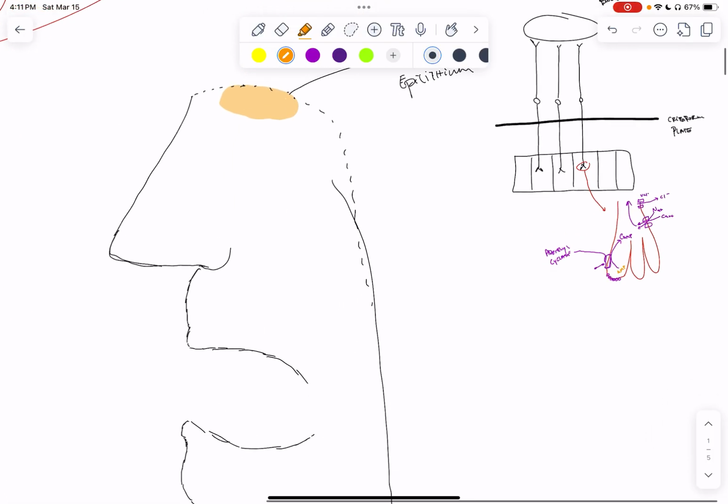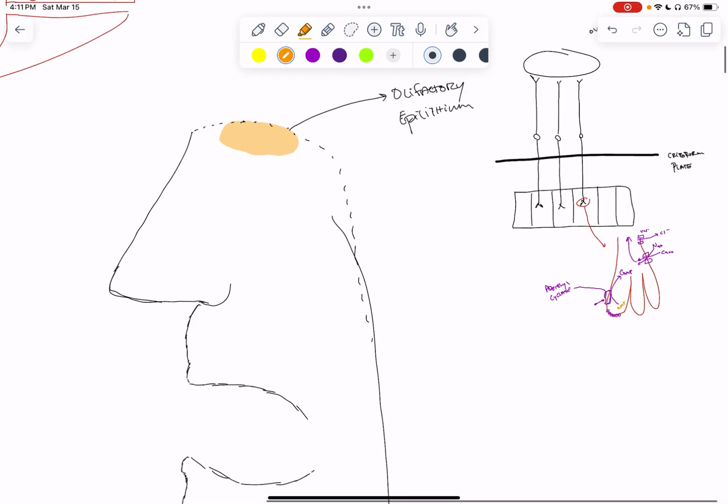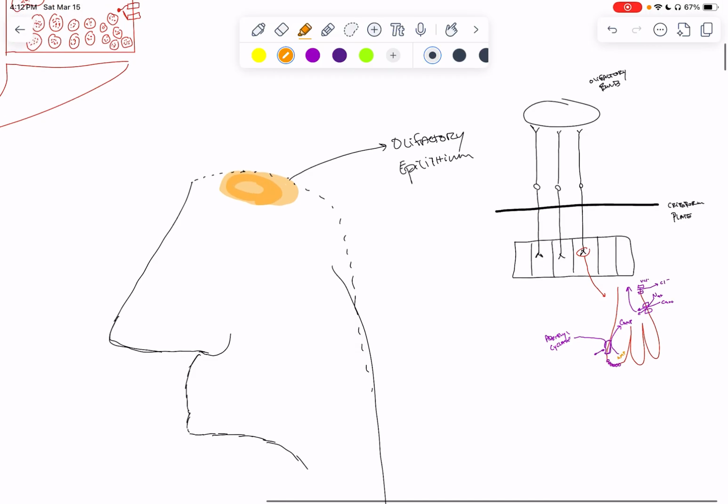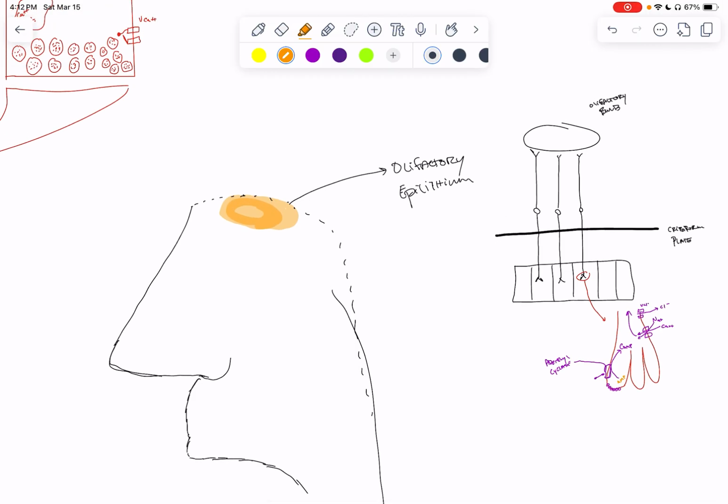So here I've drawn a little guy. You can see his nose. In this little highlighted region up at the top of your sinus cavity, you have something called your olfactory bulb. And in this region of the olfactory bulb, you have a bunch of cells called olfactory epithelium.